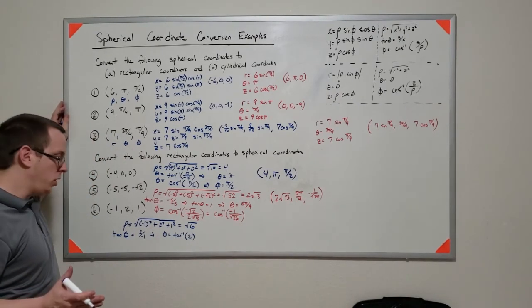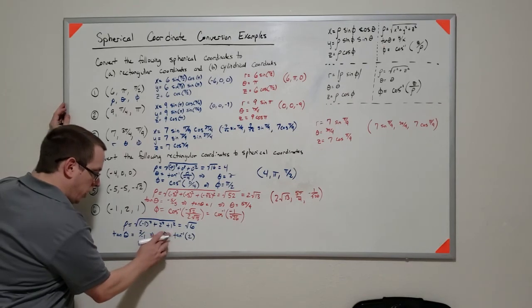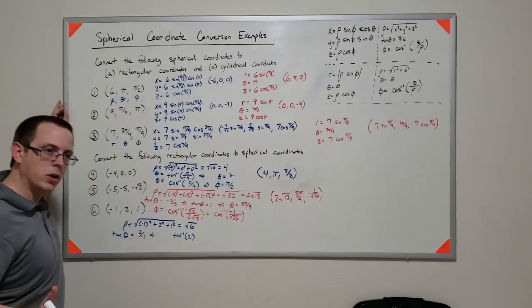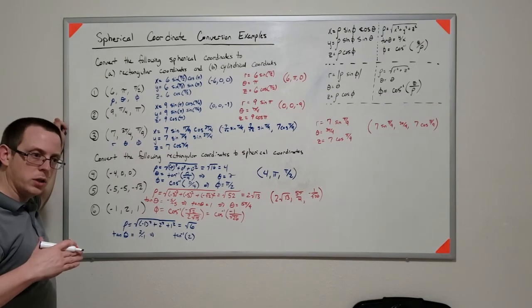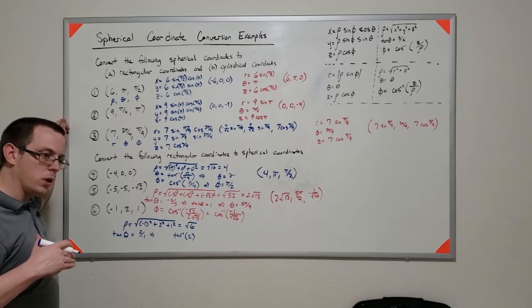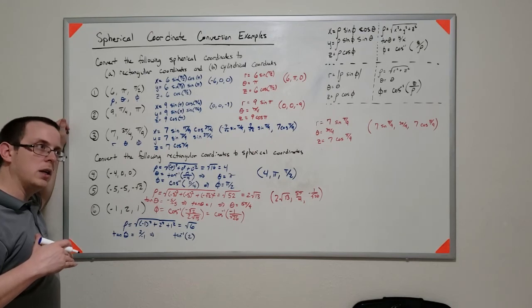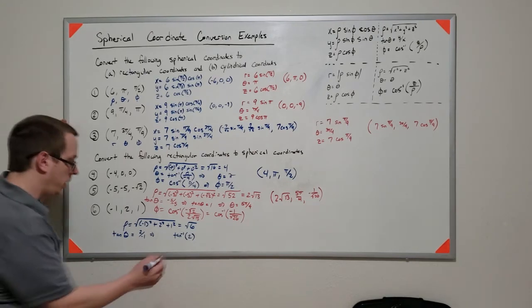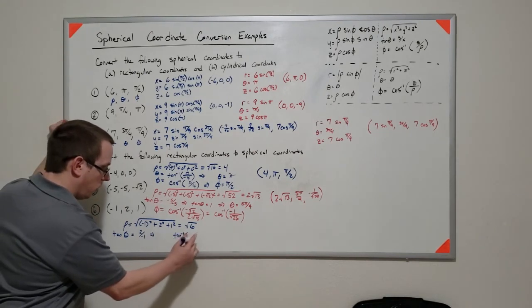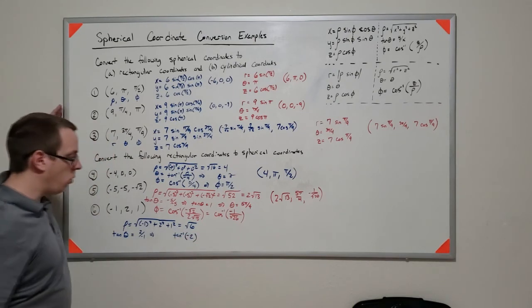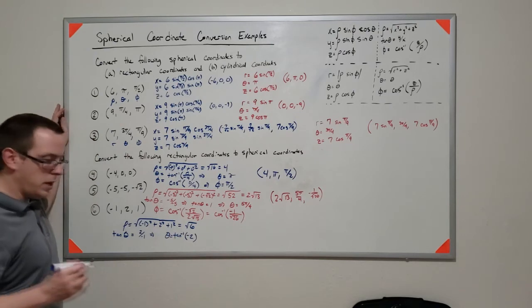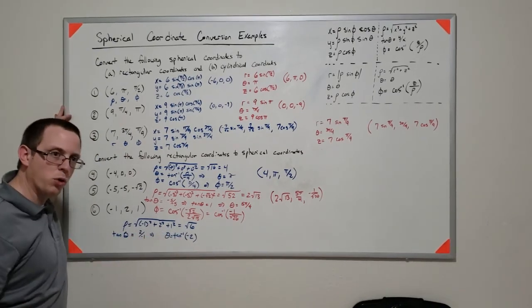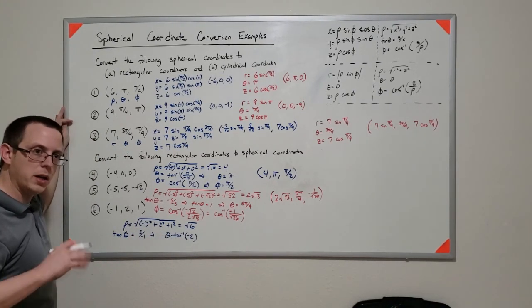The arctangent of 2 would be in the first quadrant, but we're looking for something in the second quadrant. The arctangent of negative 2 is going to give us something in the fourth quadrant because of the way tangent works.